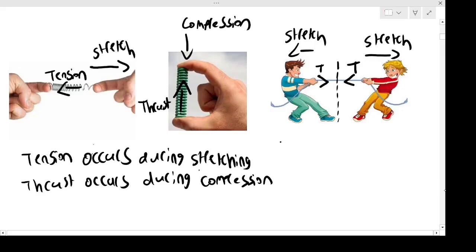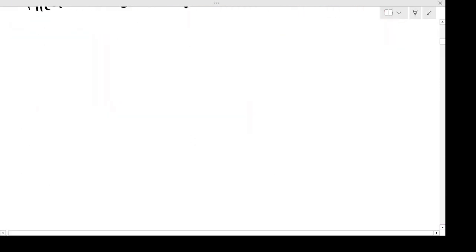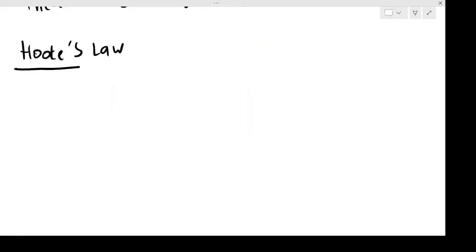Now we're going to look at a formula to work out this force. It turns out that something called Hooke's law gives us a formula to work out the force, the tension or the thrust in the spring.